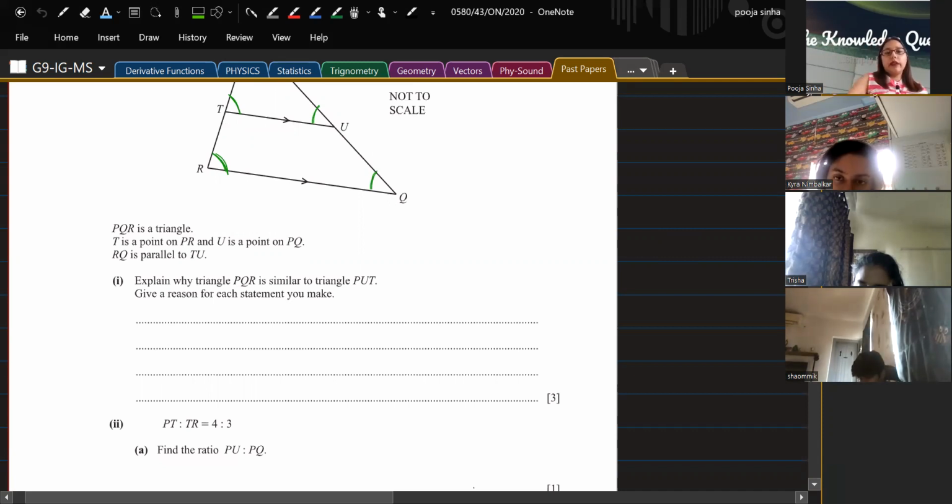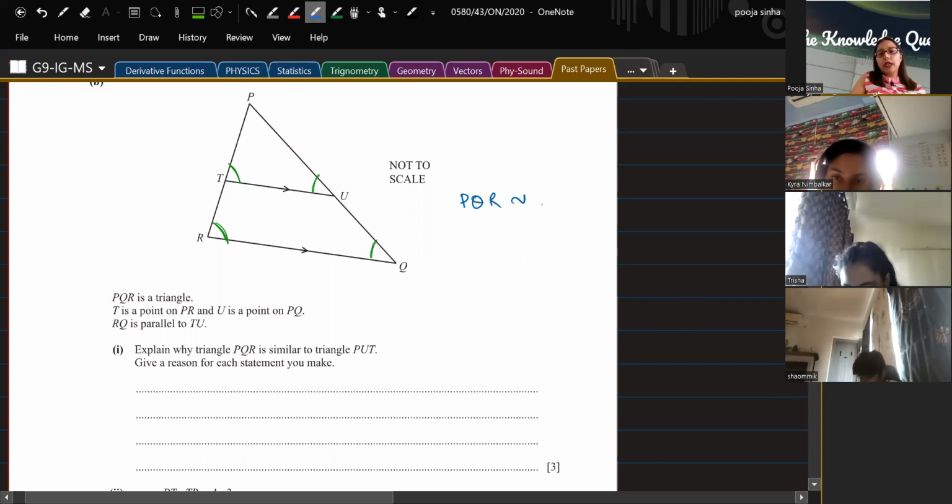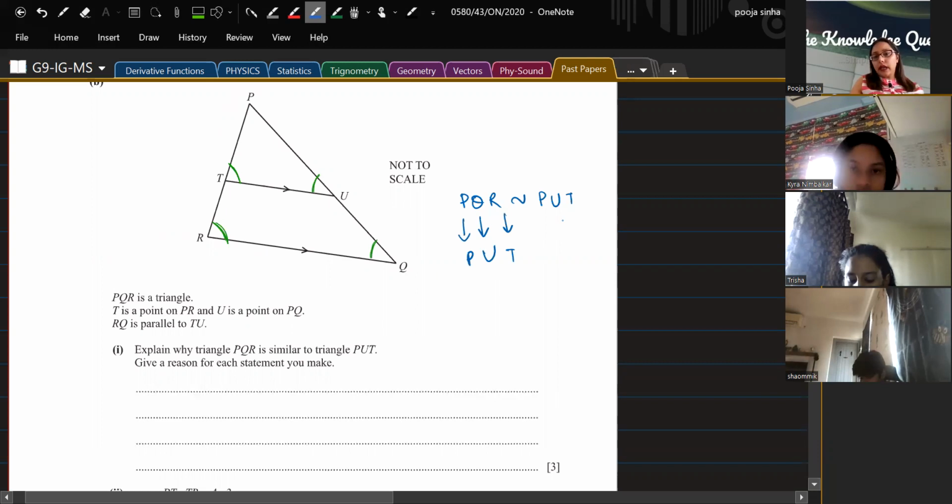Whenever we are doing similarity questions, it is very important to write the names properly. So it says triangle PQR is similar to triangle PUT. P should correspond to P, Q should correspond to U, and R should correspond to T. The naming is very important, and that's how we have named, so it's perfect.